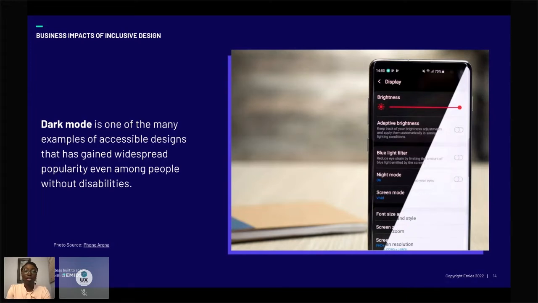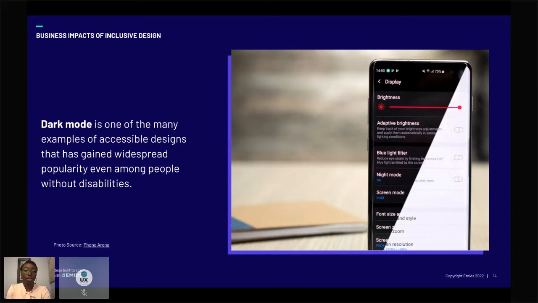There was a survey conducted by Email Opus, and I think it was 2019, and it was reported that 95% of the survey respondents said they would prefer to use dark mode. Right. So we see that it was designed to help people who might experience stress from the bright mode putting so much light into the eyes, and it also benefits other people who, just by having access to this functionality, find it easier to view things, especially when they're outside.